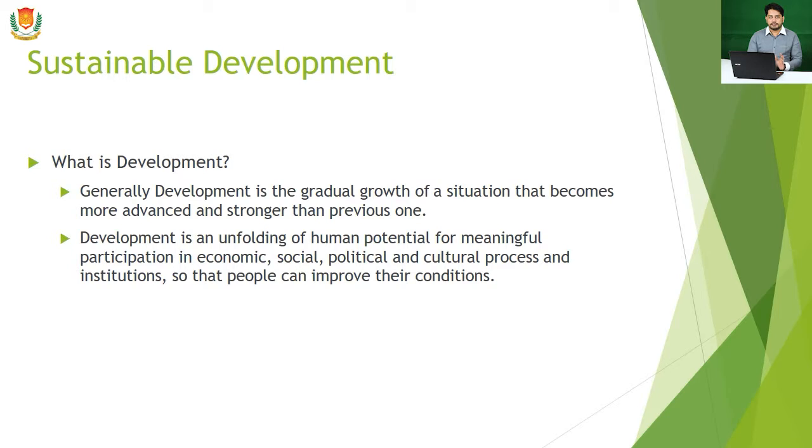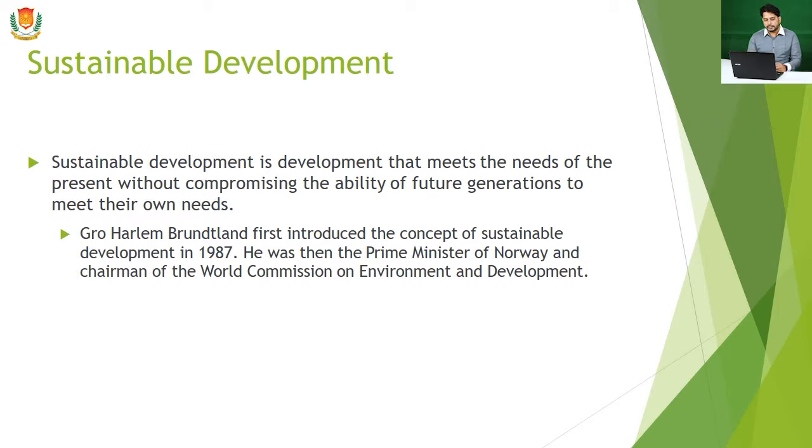Now let us see sustainable development. In its best definition, sustainable development is a development that meets the needs of the present generation without compromising the ability of future generations to meet their own needs.